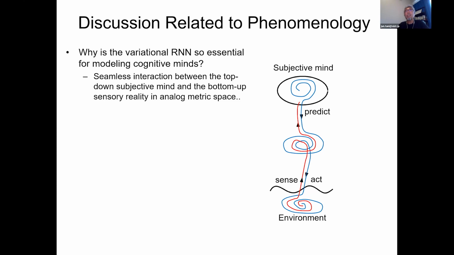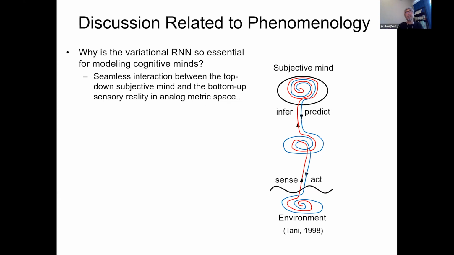Then it goes bottom up and changes the subjective mind. So we have two sides changing, inside the mind and inside the environment, but how they change depends on this intricate dynamic interaction.